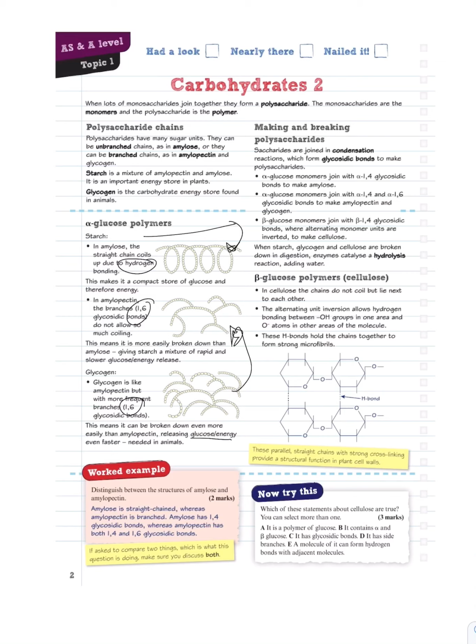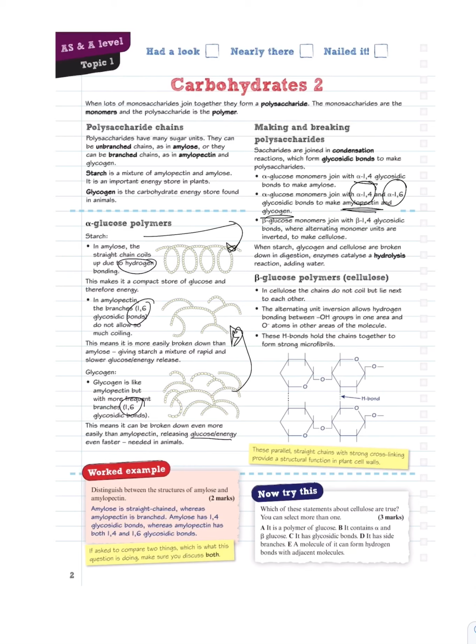Making and breaking polysaccharides. Saccharides are joined in condensation reactions which form glycosidic bonds to make the polysaccharides. Alpha glucose monomers have alpha 1,4 glycosidic bonds in amylose, and alpha 1,4 and alpha 1,6 glycosidic bonds in amylopectin and in glycogen.